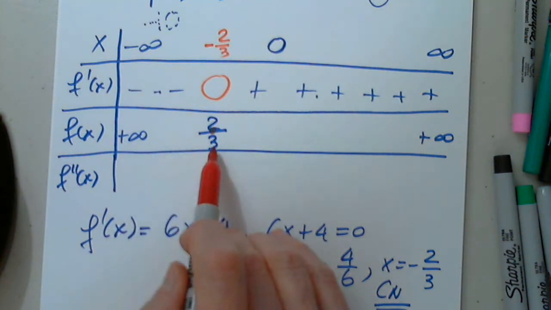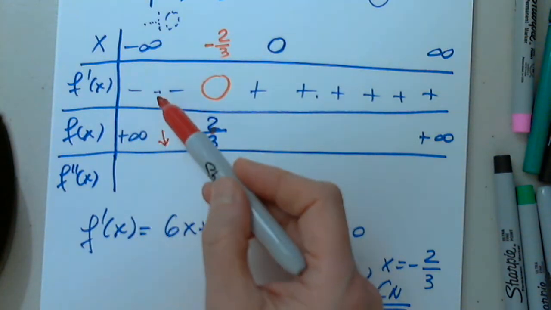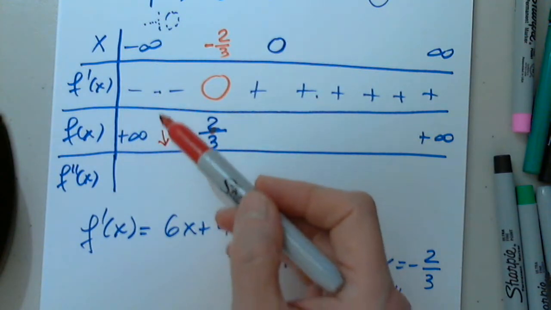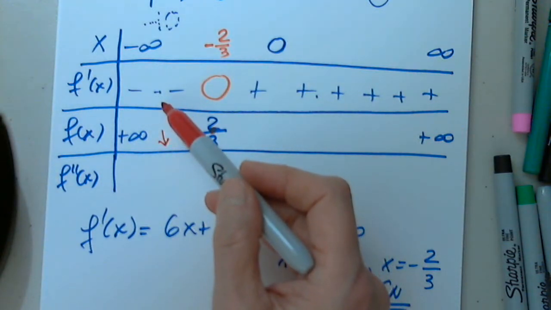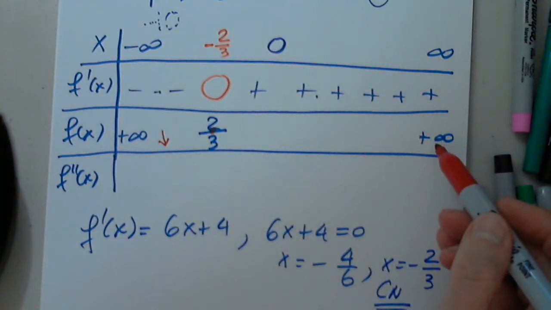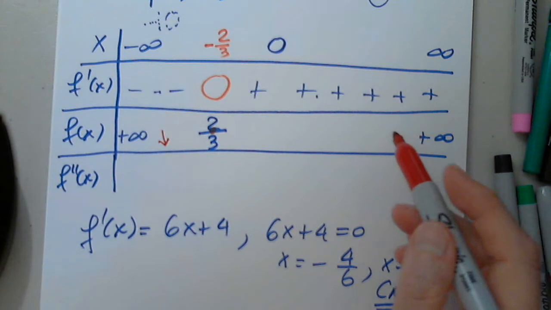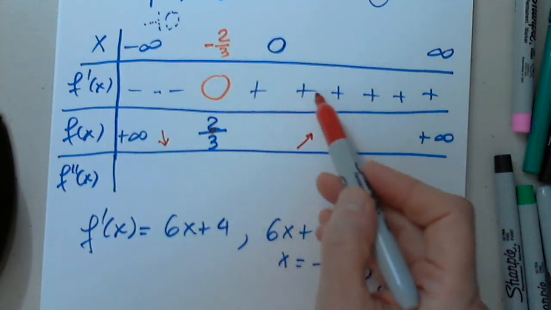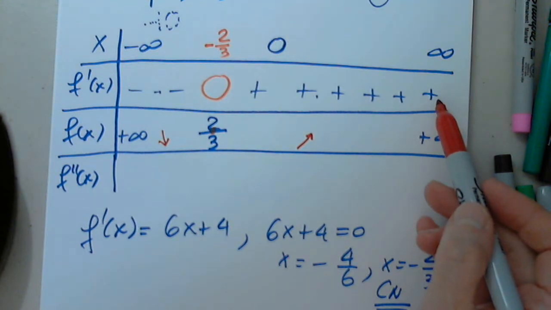So from positive infinity to 2/3, the function is decreasing. Is that action supported by the sign of the first derivative? Yes. Perfect. From 2/3 to infinity, what does the function do? It increases. Very good. Is that supported by the sign of the first derivative?